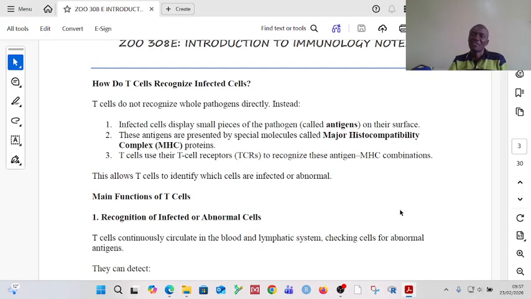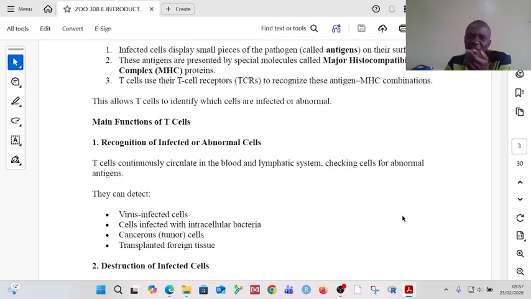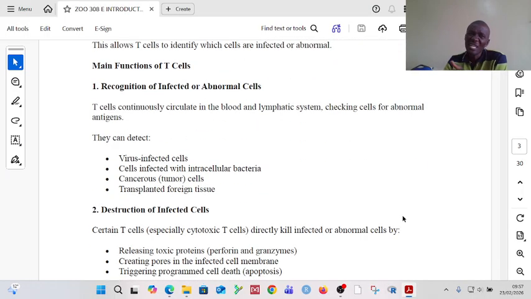So what are the main functions of these T cells? The first is recognizing an infected cell or an abnormal cell. Okay? So they continuously circulate in the blood. Those are the T cells, either in the blood or in the lymphatic system.